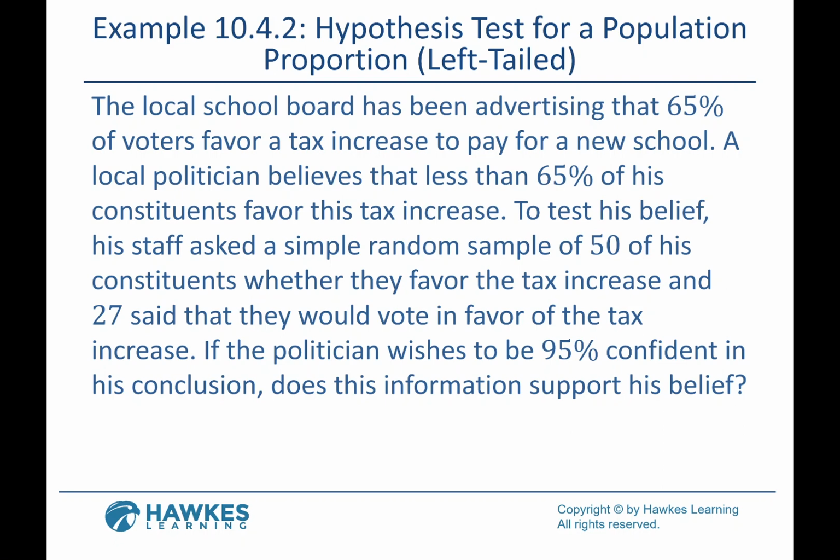Here we're dealing with proportion instead of a mean. So we're not going to have mu, we're going to have that p is less than 65%. It's going to be our alternative hypothesis, that p is less than 65%. And to make it easier on ourselves in our calculator, we'll change it to a decimal.